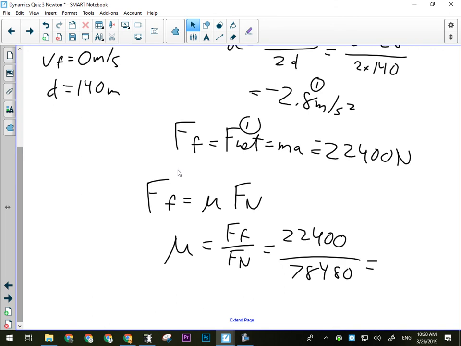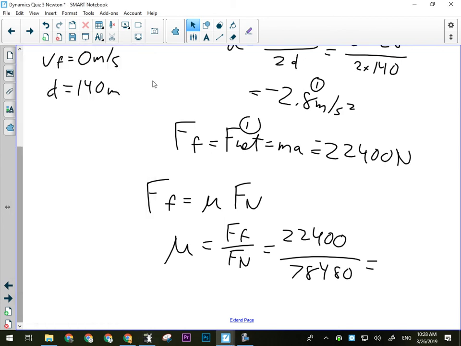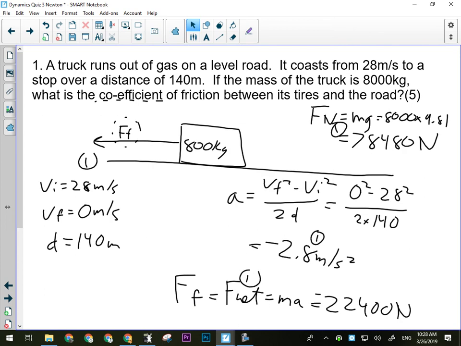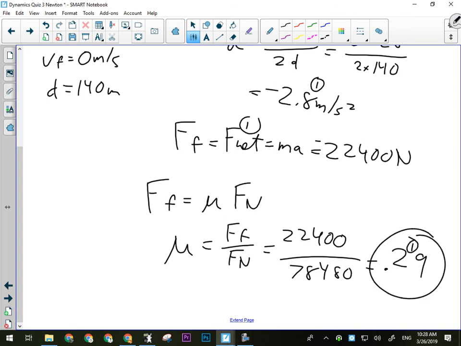Okay, so we've got those two numbers there. Okay, so our coefficient of friction is 0.285. We have 2 significant figures, so it's 0.29. Fifth and final mark. Okay, no units on that. Remember, I divided newtons by newtons in order to get that number.